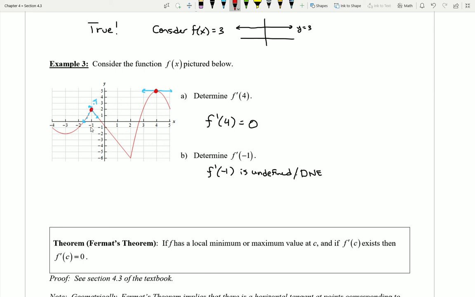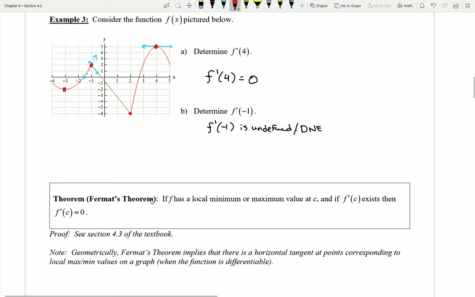And you'll notice that if I was to look at the spots where local minimums occur in this picture, I could see that again I would get a tangent line here with a slope of 0, and a tangent line down here that is not going to exist. So I can see a really interesting idea that these mins and maxes appear to be occurring at the points when my tangent line slopes are 0 or when they are undefined.